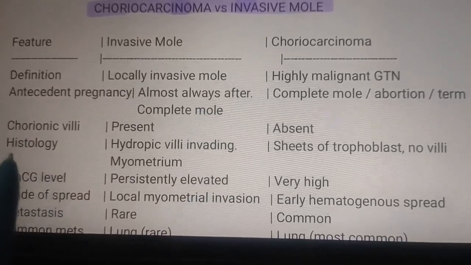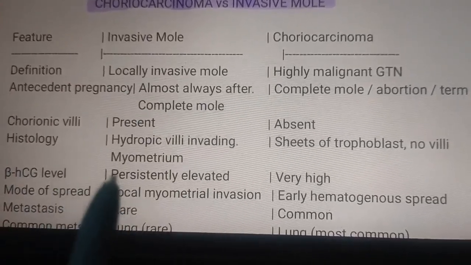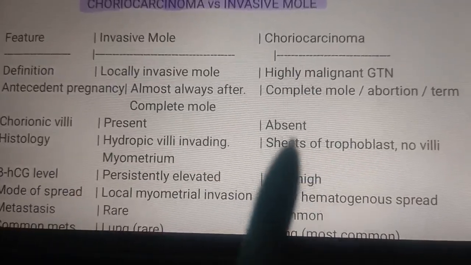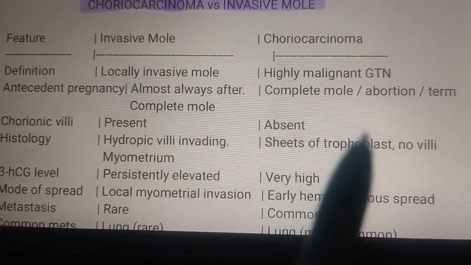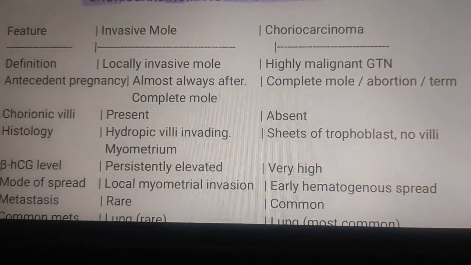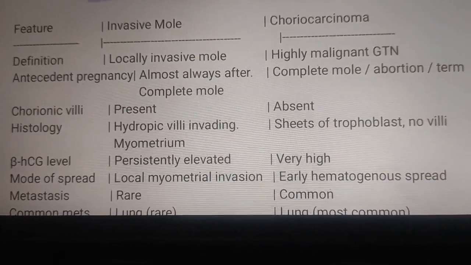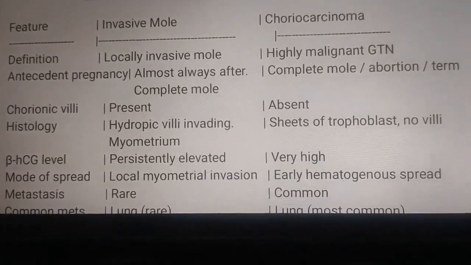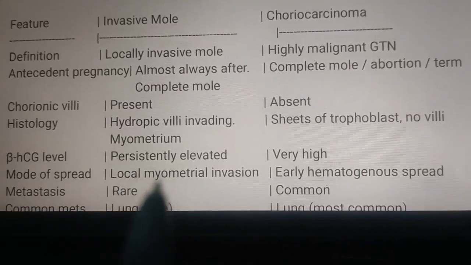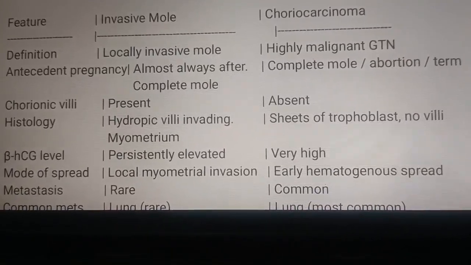When we check its histology, the hydropic villi invading the myometrium are present in case of invasive mole, but a sheet of trophoblast like syncytial trophoblast and cytotrophoblast are present in case of choriocarcinoma. Beta HCG is elevated in both cases. Mode of spread, it is local myometrial invasion in invasive mole and early hematogenous spread in case of choriocarcinoma.